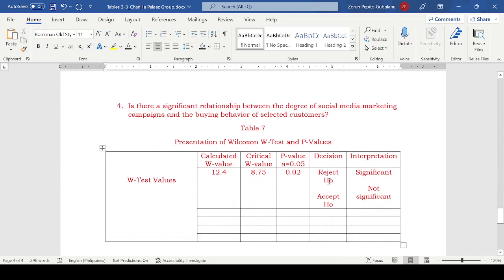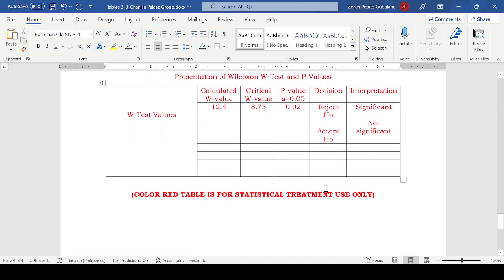So for this purpose, your table representing the statistical treatments, the data derived from all the computations related to deciding whether the relationship is significant or not, ito ang table na kailangan ninyong i-design. Okay? So, yan. For this purpose, pasadahan natin yung decision. Okay?